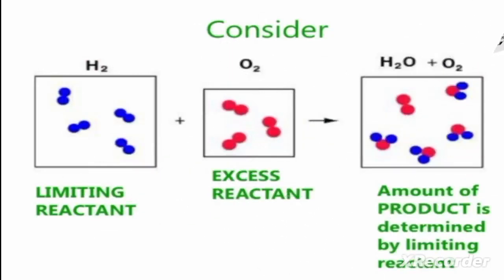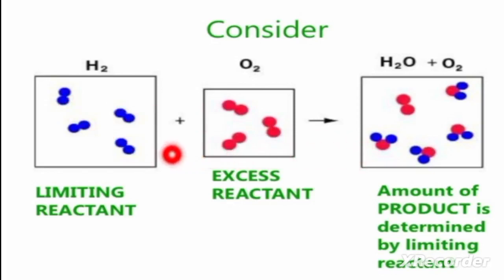Before we identify the limiting reactant, let us consider this example here. As we can see, we have two elements: hydrogen and oxygen. Two atoms of hydrogen are needed to react with one atom of oxygen to form one molecule of water.